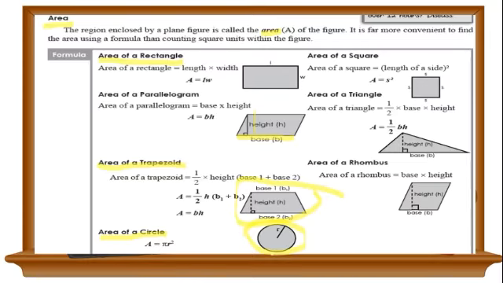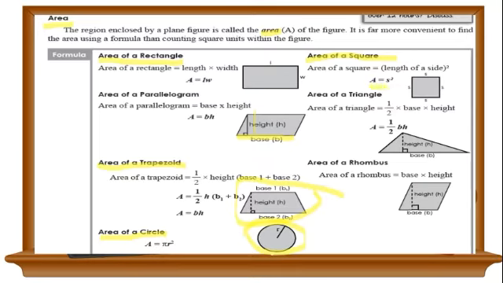Right. Did you follow? Very good. Next, area of a square. This is common: area of a square is the length of a side squared. Since all sides of a square are congruent, its area is side squared, so you just square the measurement of its side. Right?